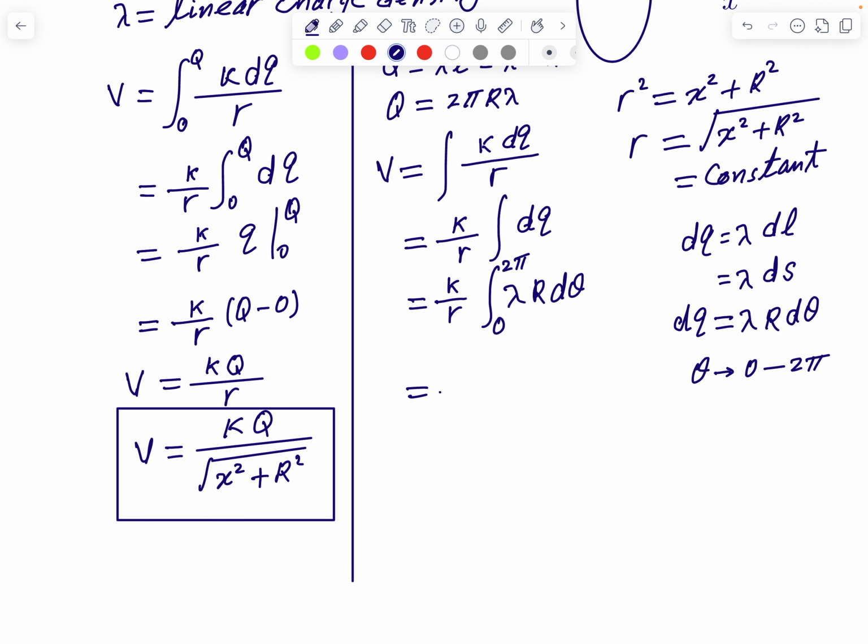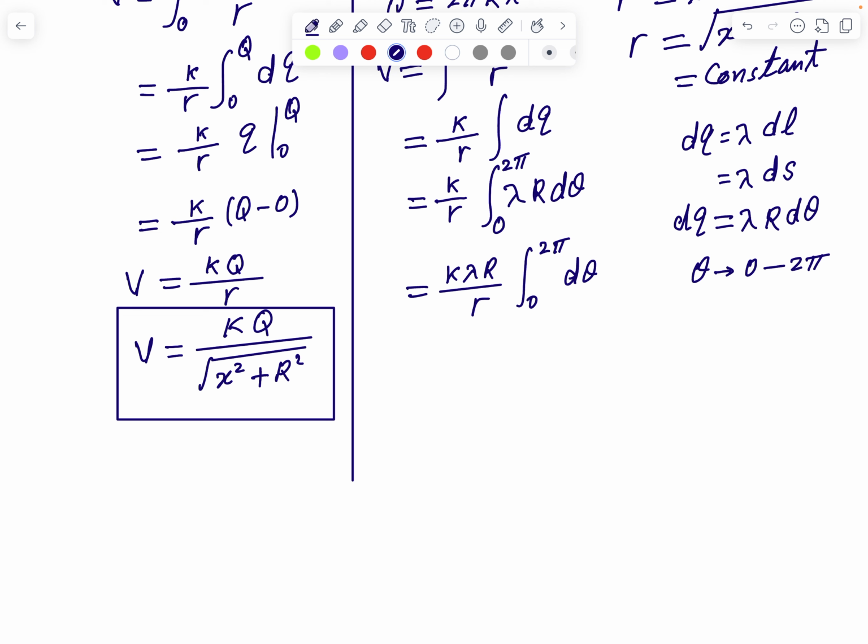Therefore, we're going to get k lambda R divided by small r, and here the variable is theta because theta keeps changing from 0 all the way to 2 pi. Therefore, we have k lambda big R divided by small r, and then theta from 0 to 2 pi.